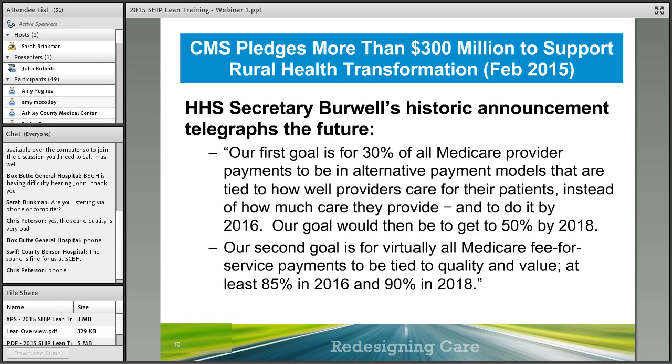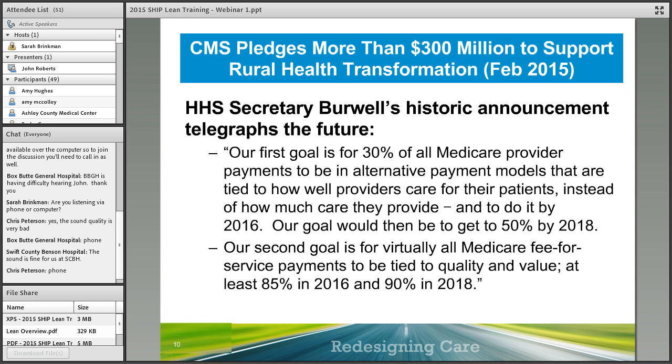And again, their second goal that she announced was that all Medicare fee-for-service payments will be tied to quality and value, at least up to 85% by 2016 and 90% by 2018.